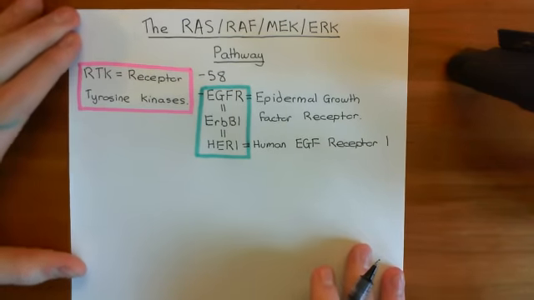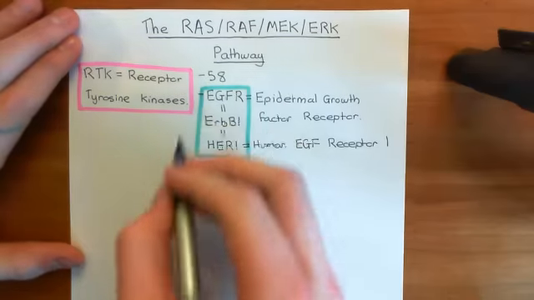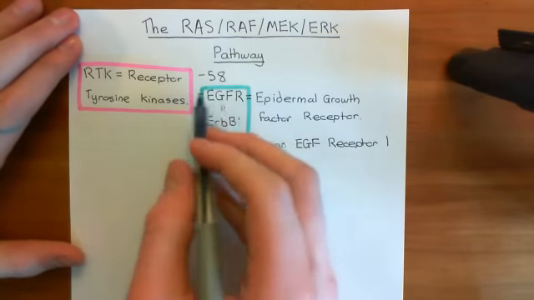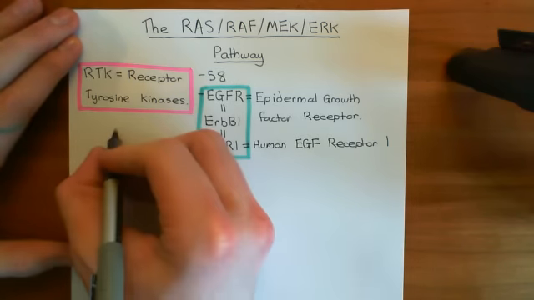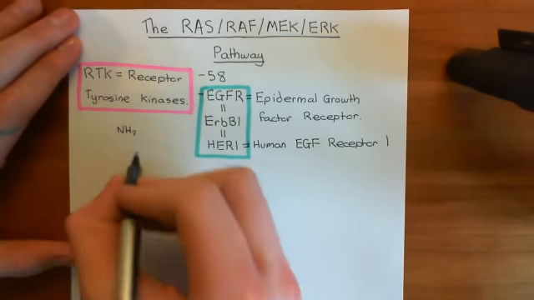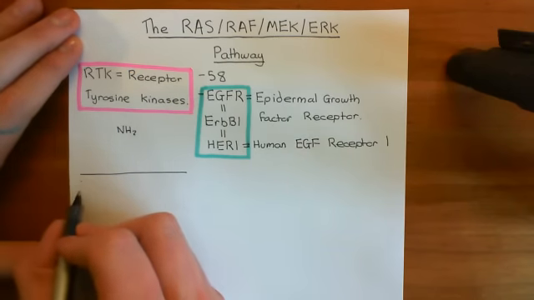So let's see the structure of the generic receptor tyrosine kinase, which is the structure that the epidermal growth factor receptor abides by. We have the amino terminus extracellularly. I suppose I should probably draw the cell membrane first, that's a more natural place to start.